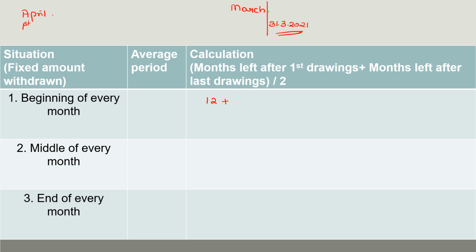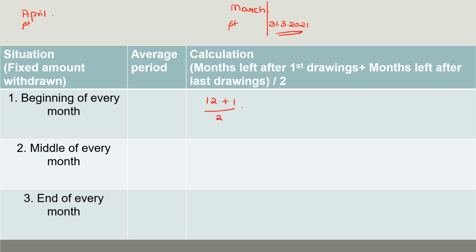The entire year the amount of drawing was outstanding. Then we will take the number of months left after the last drawing. When is the last drawing made? At the beginning of the last month, that is March 1st. Therefore, that particular drawing made on March 1st is outstanding for that full 1 month of March. So, the months left after the last drawing would be 1.